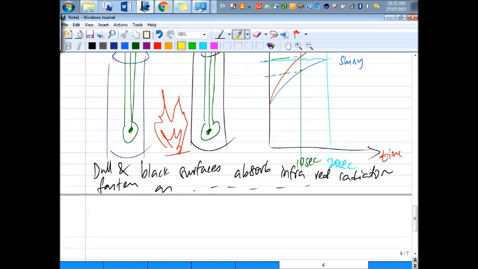Highlight this part at the bottom of your page. The full one will be infrared radiation. You can leave it as radiation also.